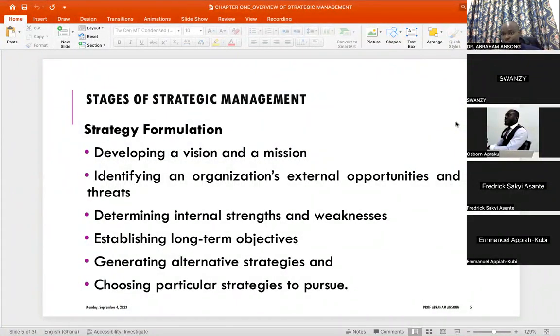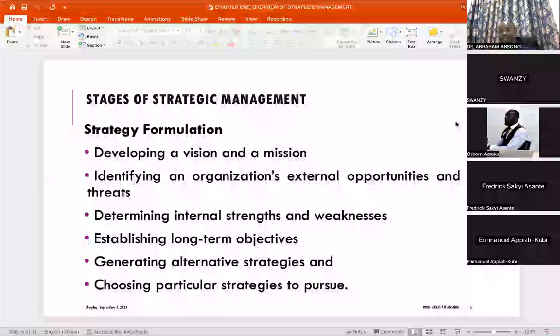Vision and mission are topics that we'll be discussing, I think, in lecture 3 or 4. But vision is the long-term destination that the organization wants to get to. The mission is what the company or the business is currently doing in order to get there.